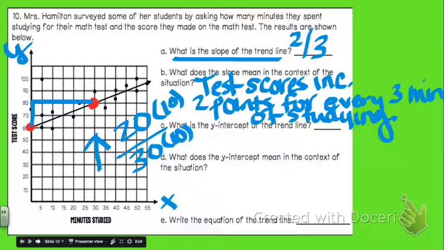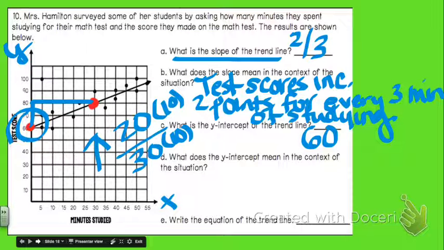Okay, so C, what is the y-intercept of the trend line? So obviously, go ahead and stop and see if you can find the y-intercept. So the y-intercept is going to be 60 because that is where my line began, at 60.